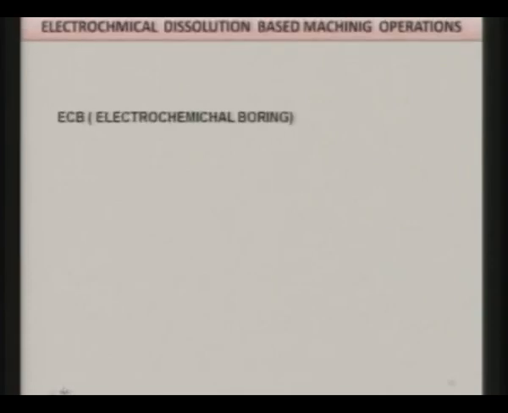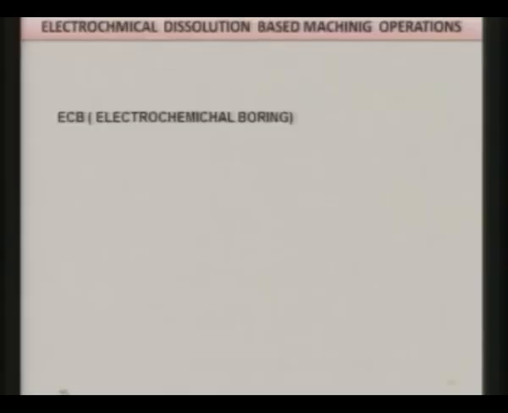Now, this is the basic principle of electrochemical machining, but using this particular process you can perform various kinds of machining operations. I will list and show some of them with the help of figures to understand the huge capabilities of this particular process for machining purposes.